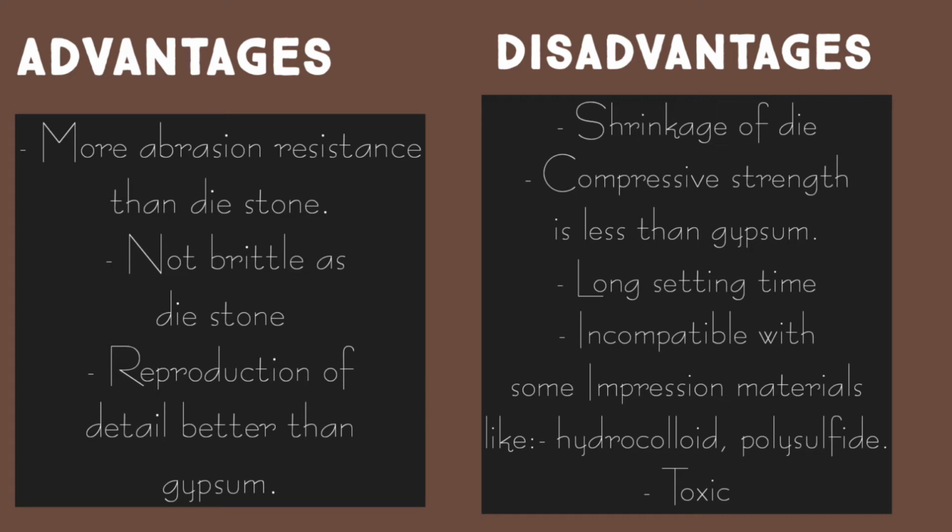In the disadvantages of epoxy resins, they have a shrinkage problem, their compressive strength is also less than the gypsum, and they have a very long setting time. These materials are incompatible with some of the impression materials like hydrocolloid and polysulfide, and they are also toxic and allergic. So these are the advantages and disadvantages of epoxy resin.